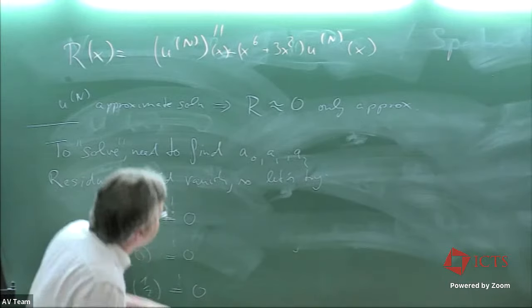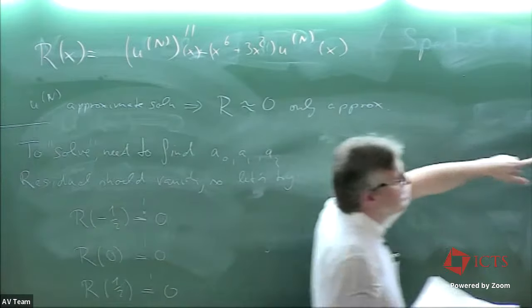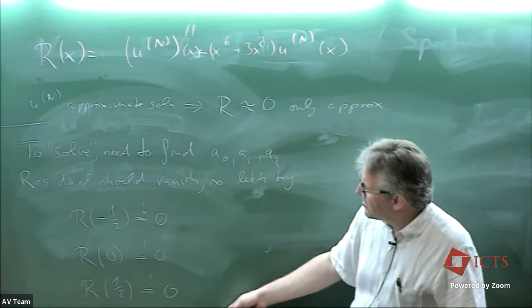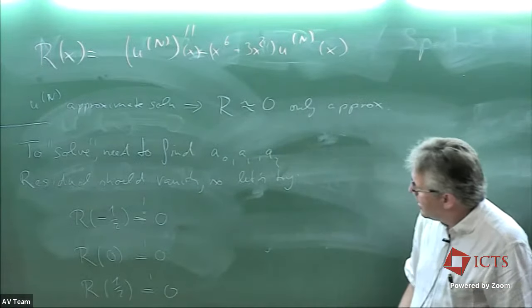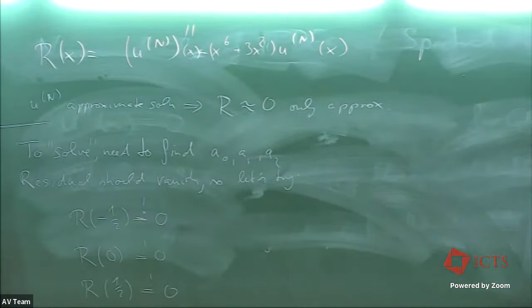At plus minus 1, the residual is going to vanish simply because of how I had chosen my basis functions here. And so I'm picking three x values between plus 1 and minus 1: minus 1/2, 0, and 1/2. And I'm requiring that the residual identically vanish at these 3 points. Right now, I'm just picking these points. Later on, I'm going to explain how to pick them correctly. But this is the intro example. Everything is as simple as it can be, just to get a flavor of what's going on.